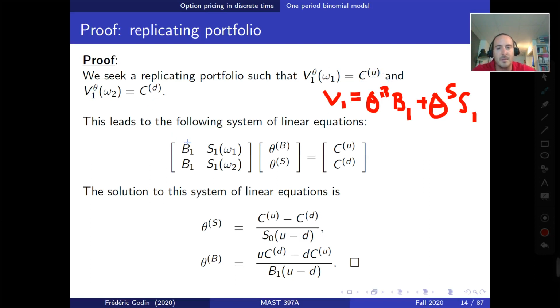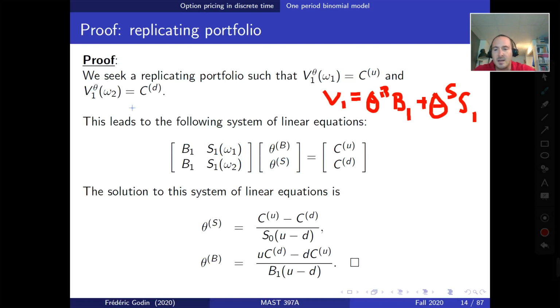So the first equation here is the first line of this matrix equation. CU, the portfolio value, must be equal to the portfolio value at time 1, and portfolio value at time 1 can be written as B1 times theta B plus S1 omega 1 times theta S. So this is the risky asset price in state 1.